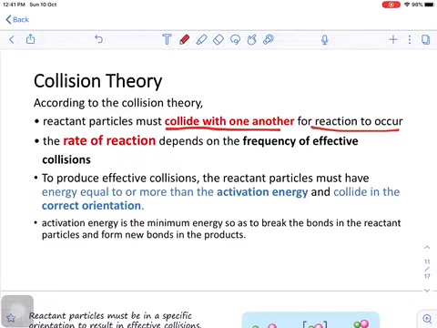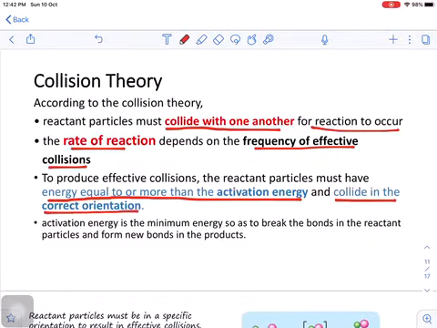So the rate of reaction depends on the frequency of effective collision. What is effective collision? Effective collision, dia mesti memenuhi dua syarat, which is energy daripada pelanggaran tu equal or more than the activation energy, and second one is collide in the correct orientation.